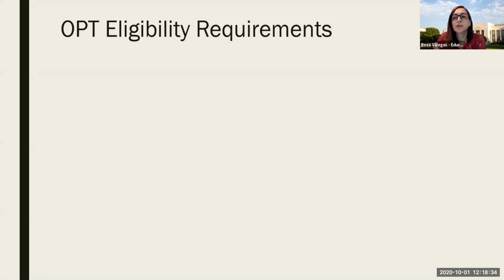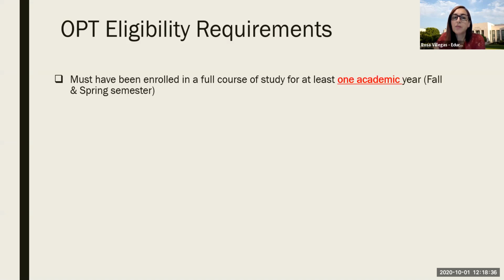OPT eligibility requirements. So I mentioned earlier, in order to be eligible to apply for OPT, you must have been in F1 status for at least 1 academic year. At PCC, 1 academic year means 2 semesters, spring and fall.